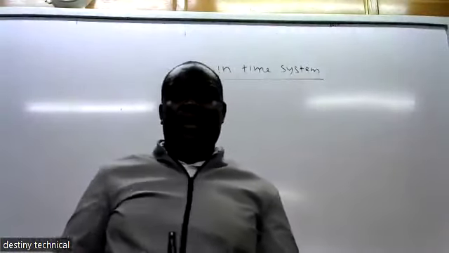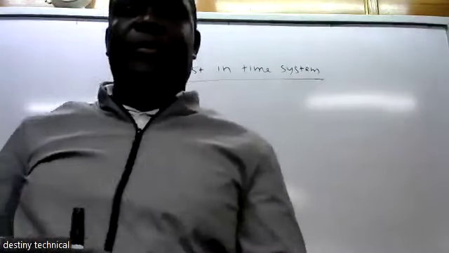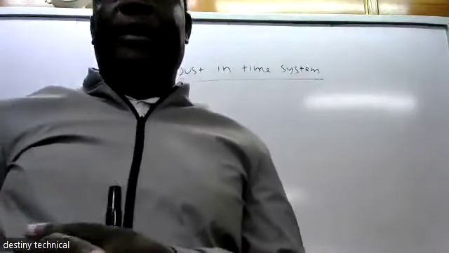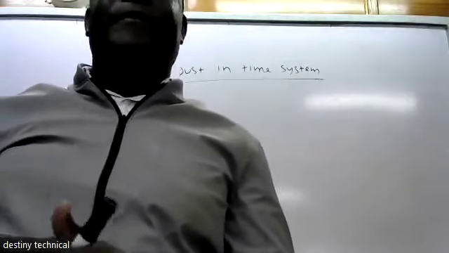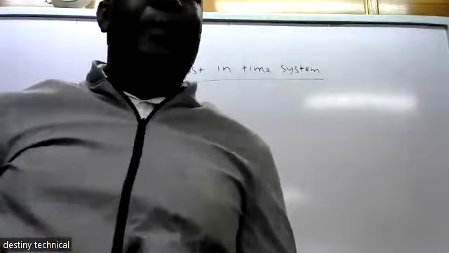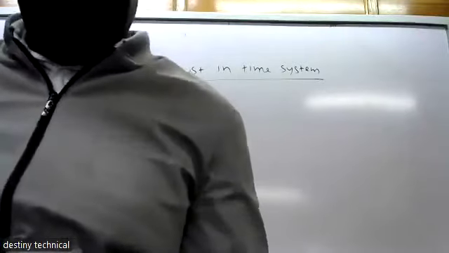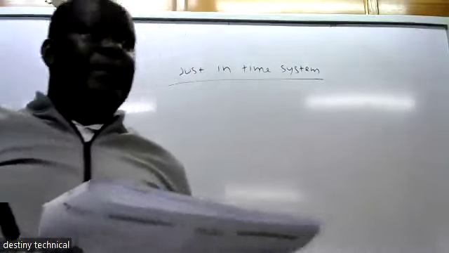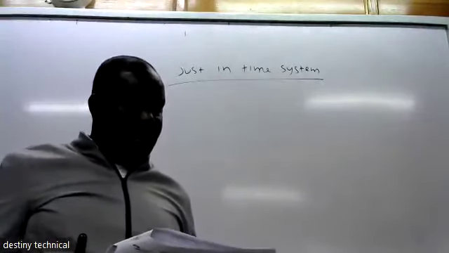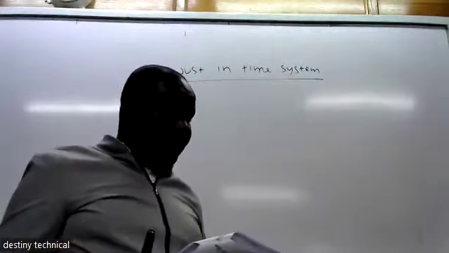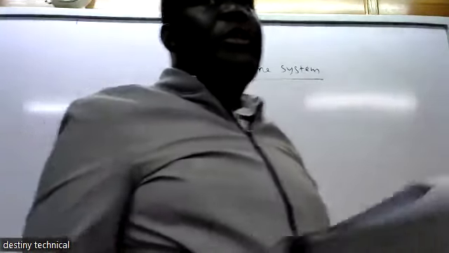We say that under the just-in-time system, items are manufactured on the request of the customer. So when you are applying the just-in-time system, we use the sales. But also, I want you to check again in note number 6.